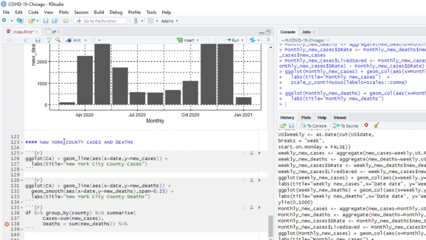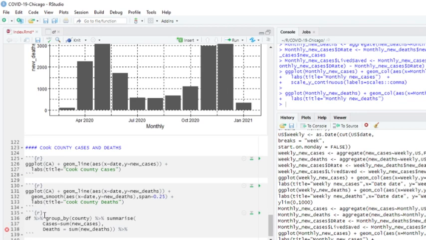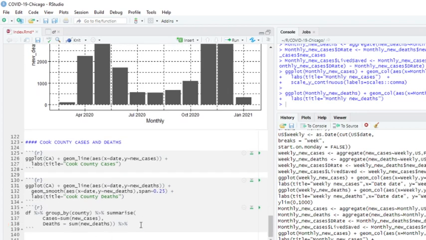Now let's take a look at Cook County. I'm not sure what that was there.